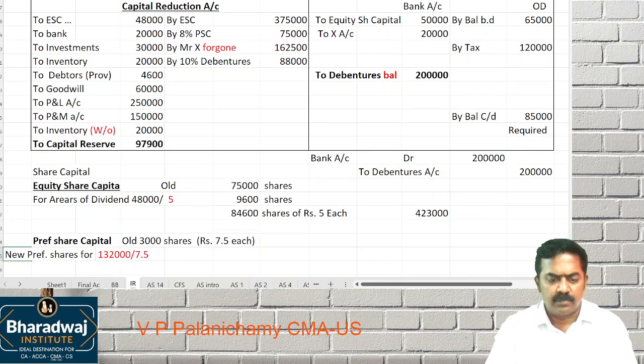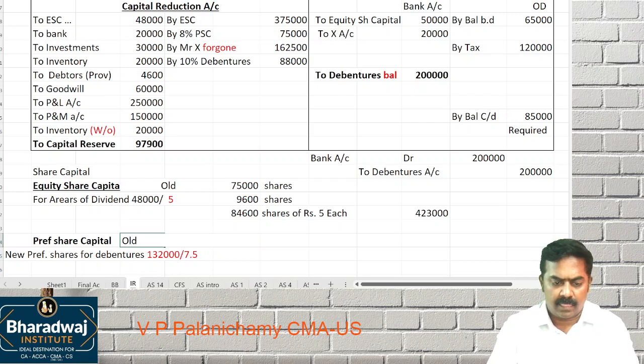This is given for whom? Debenture holders. So how many would have been given? This is only 17,600. How many old preference shares are there? 30,000.